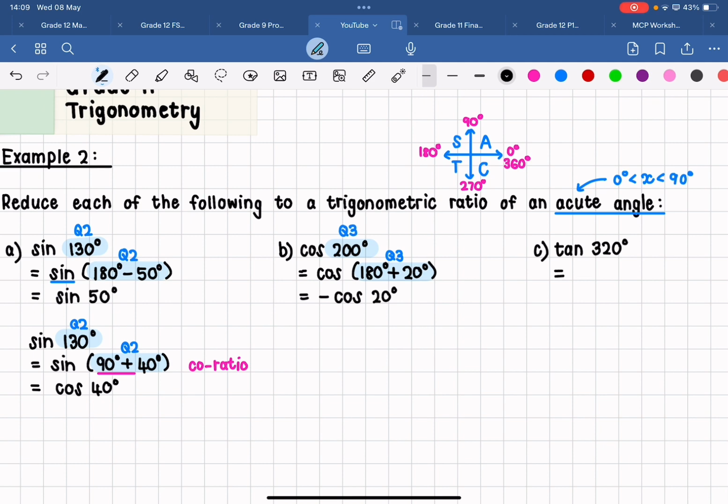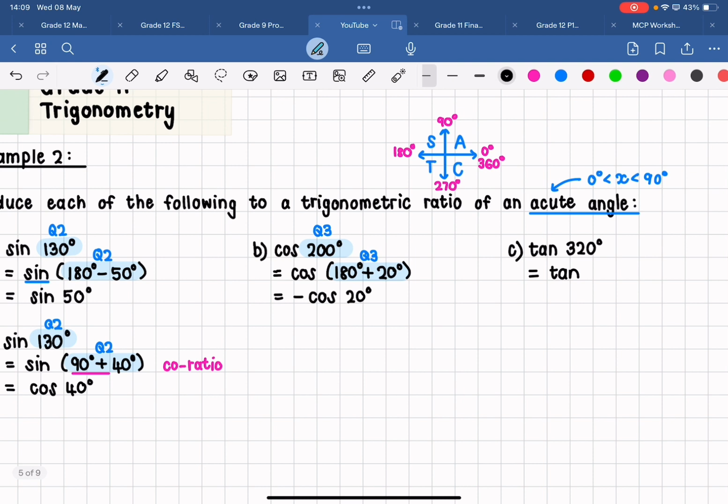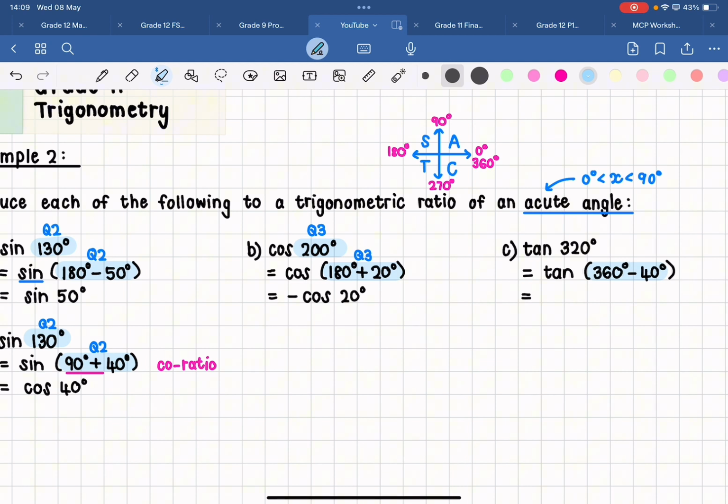For tan of 320, again, I'm going to rewrite the angle. I am going to write this as 360 degrees minus 40 degrees, right? Because 360 minus 40 is the same as 320. Which quadrant is 320 in? It is between 270 and 360, so it is in the fourth quadrant.